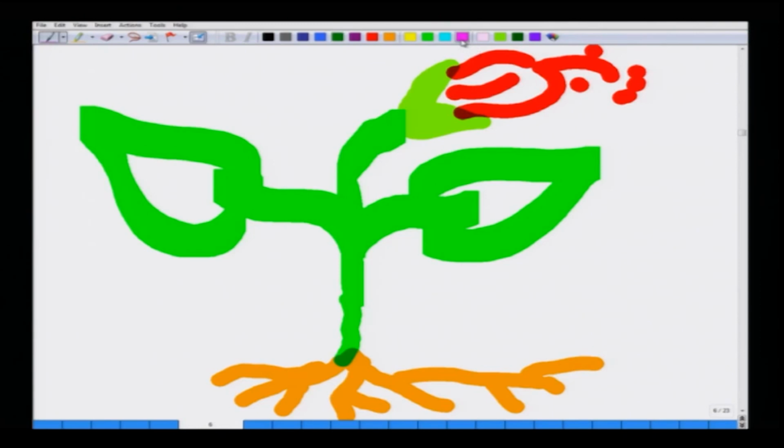Now given the nomenclature, here you have the flowers, which lead to the seeds and everything. Here you have the leaves. Here you have the main stem, and here you have the root system.